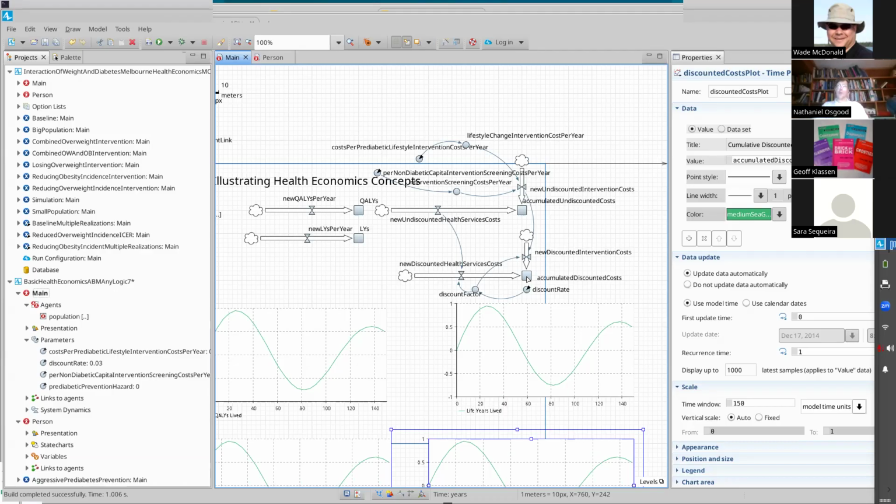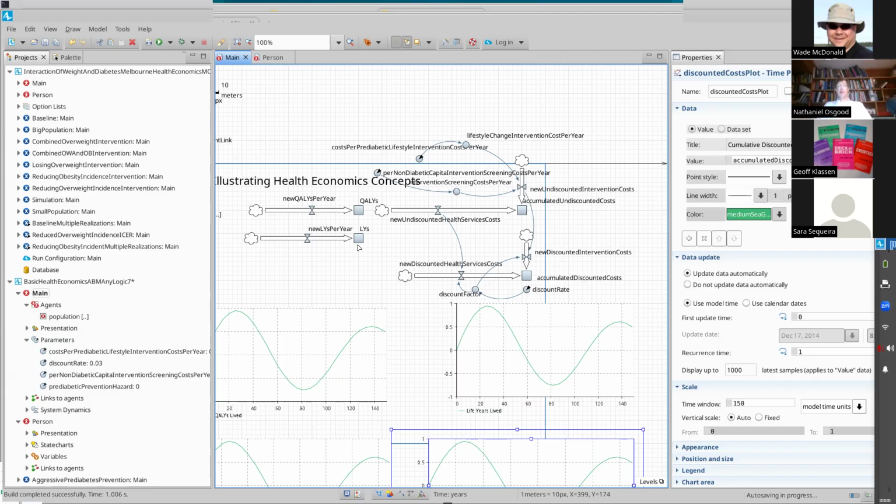But let's start with the simple case of a stock like life years lived. So here we're going to have an accumulation of life years. And you may remember I said, look, these flows are where the actions are, the verb. This is what is changing over time.